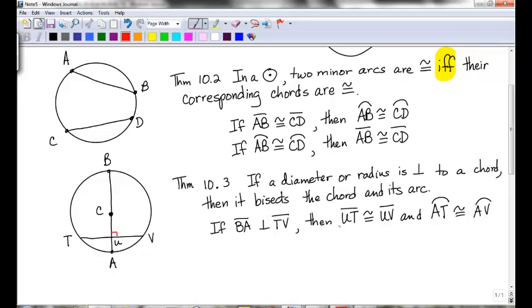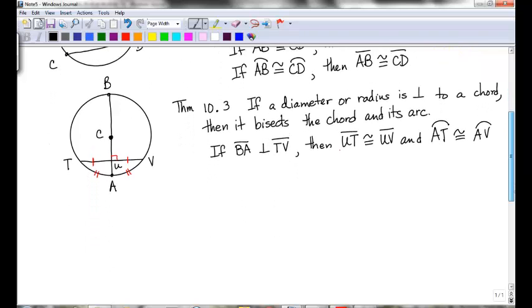Mark it that way. And let's mark this arc equal to this arc. It has to be a diameter or a radius, and then it will bisect the chord.